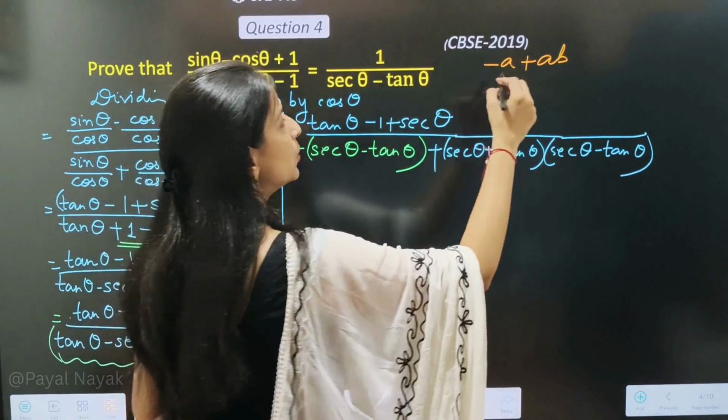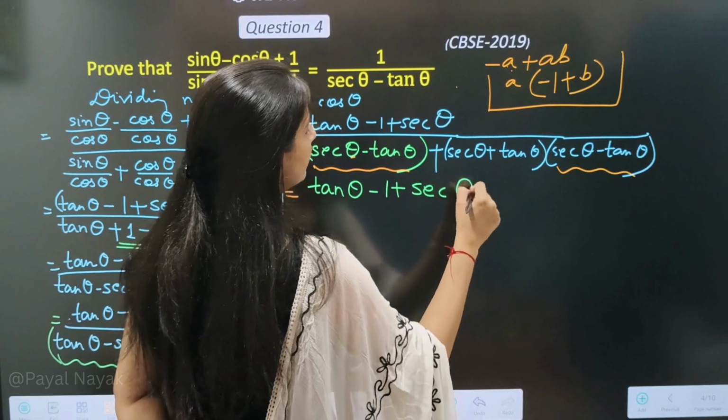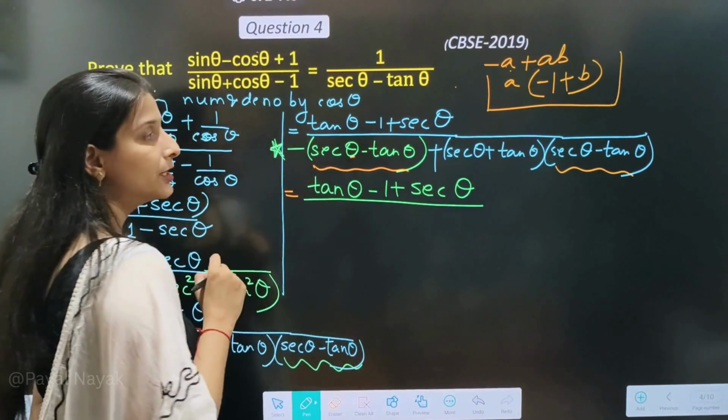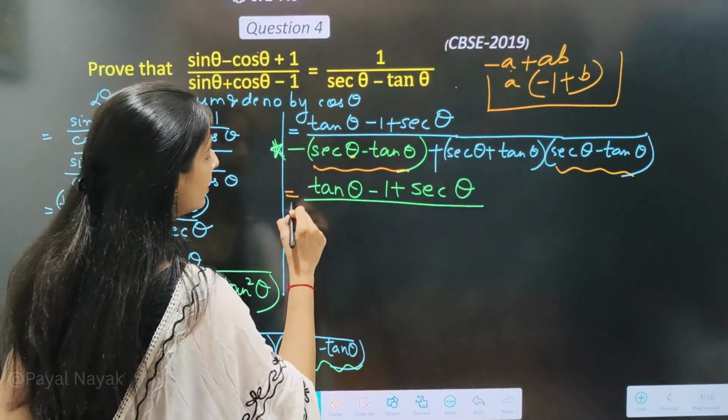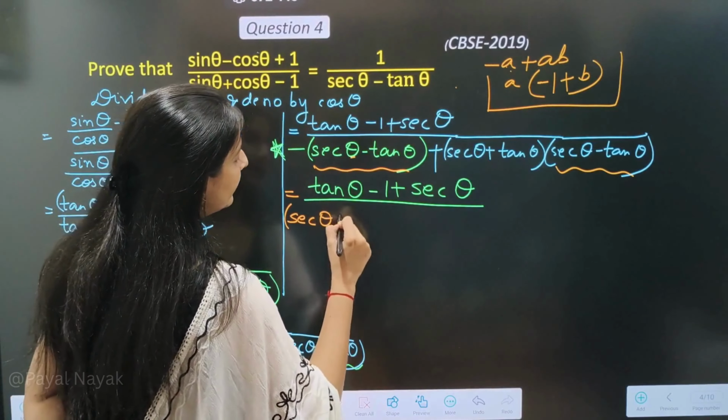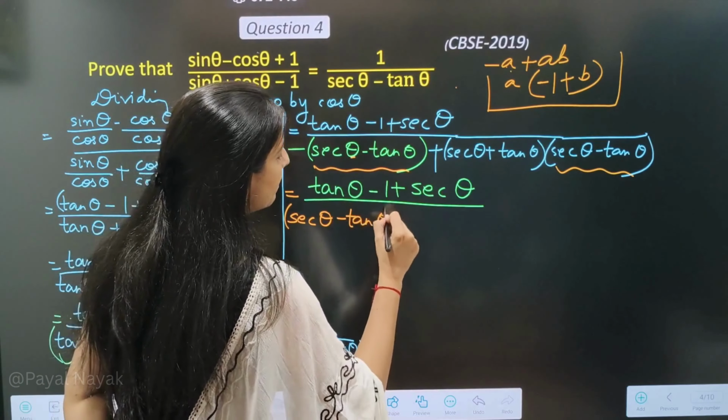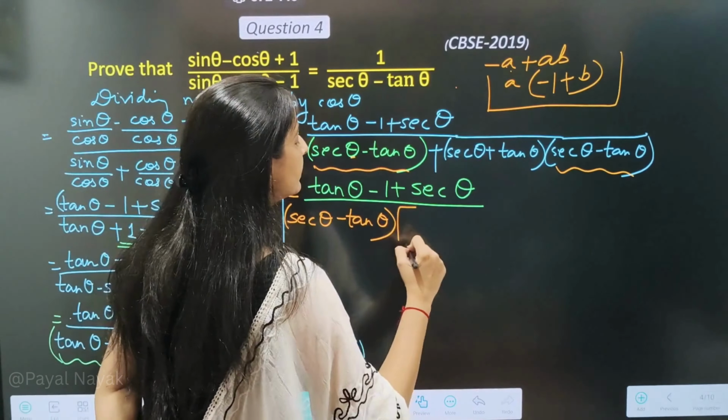So I will be writing down the numerator as it is, that is tan theta minus 1 plus sec theta upon, in the denominator I will be taking this sec theta minus tan theta common. So sec theta minus tan theta, right? And now what is left?